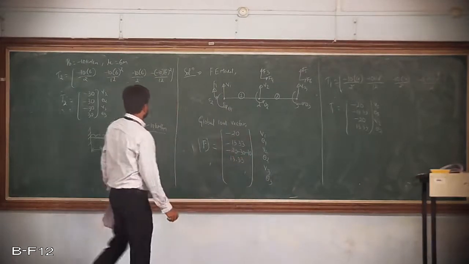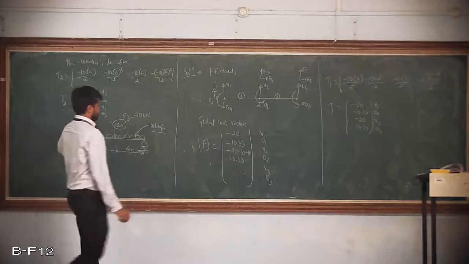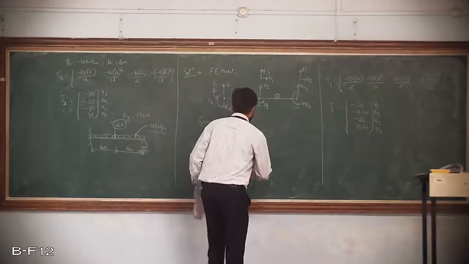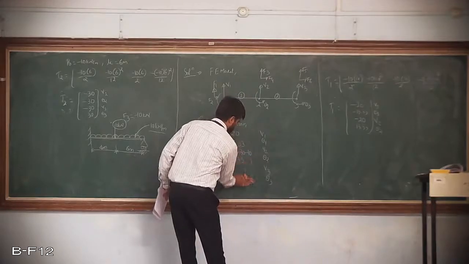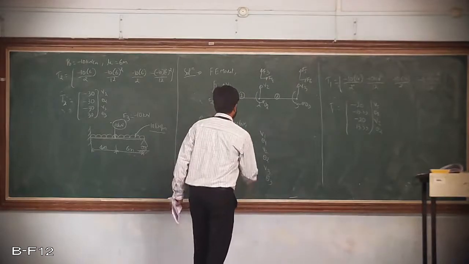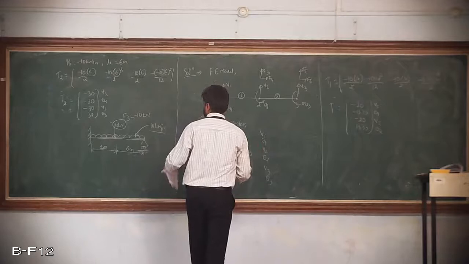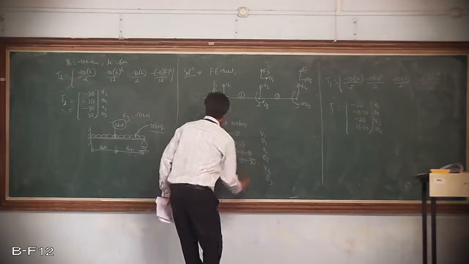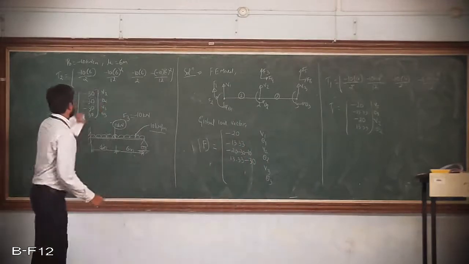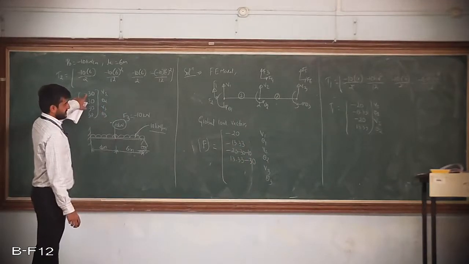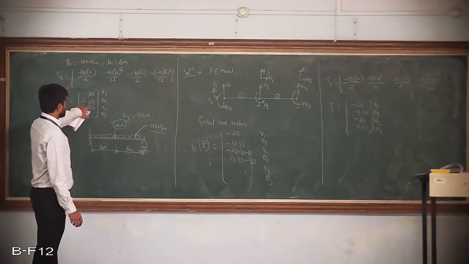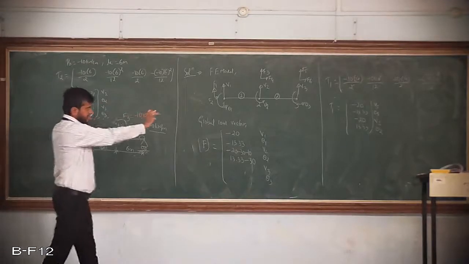Next V3, what is V3? 13.33. Okay, I need to add here. No, this is correct. 13.33 and minus 30 you need to add here, because for V2 whatever is there you have added minus 30, and for theta 2 also you need to add minus 30, and that is 13.33.